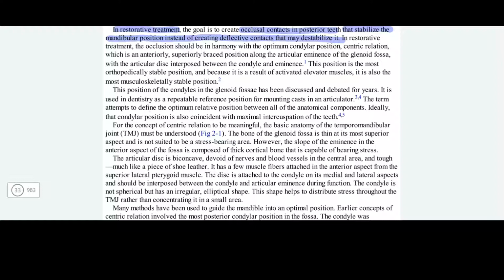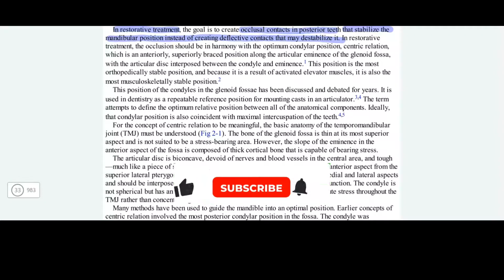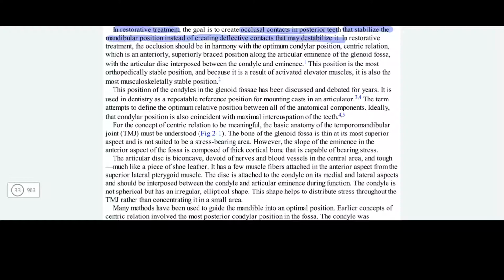That's instead of creating deflective contacts. So contacts in posterior teeth are determined in restorative treatment. The occlusal contact in restorative treatment is a big difference from natural teeth.